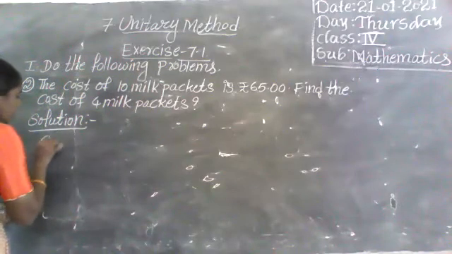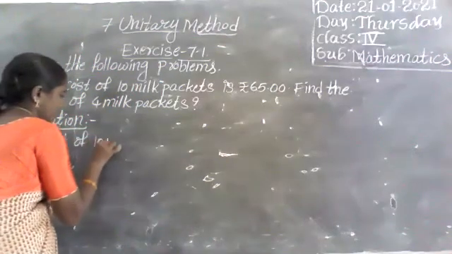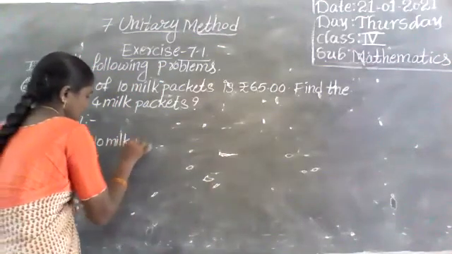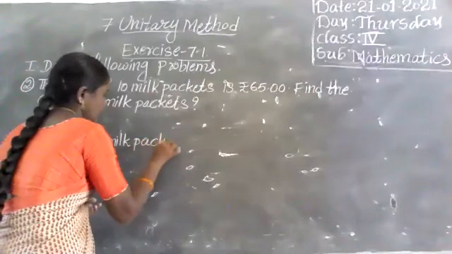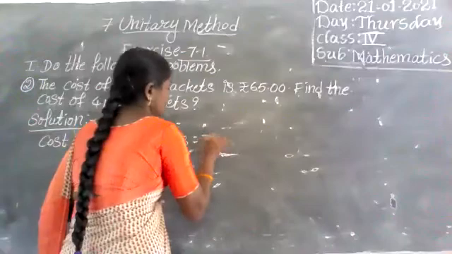Right, first step: the cost of 10 milk packets is rupees 65.